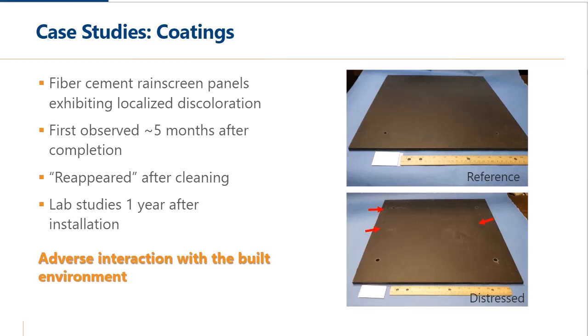For our comparative lab studies, we were able to receive a reference panel that had been removed from the building, so it had experienced the same general environment, but was not exhibiting distress. We also received a distress panel, and that photograph is on the bottom. There are some red arrows highlighting the distress. It can be hard sometimes to see certain types of distress or discoloration on a building.